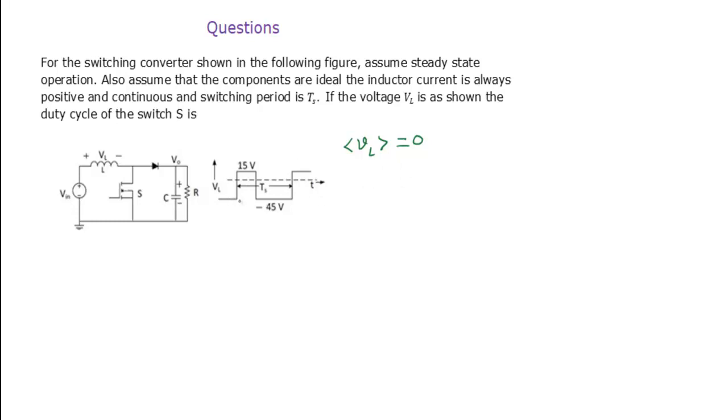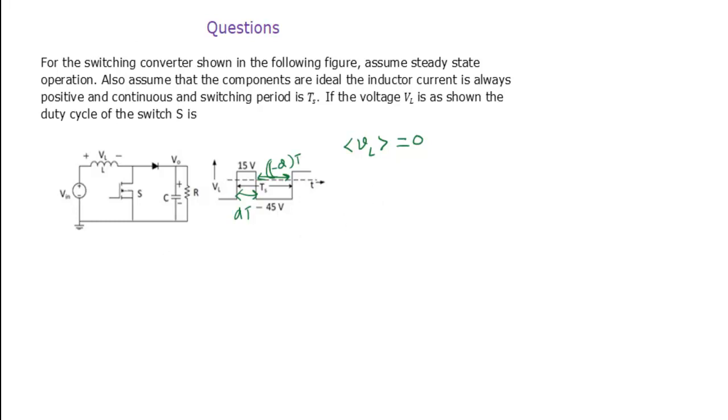We know that T on can be taken as dT, and T off can be taken as (1 minus d) times T. So using that you can calculate.